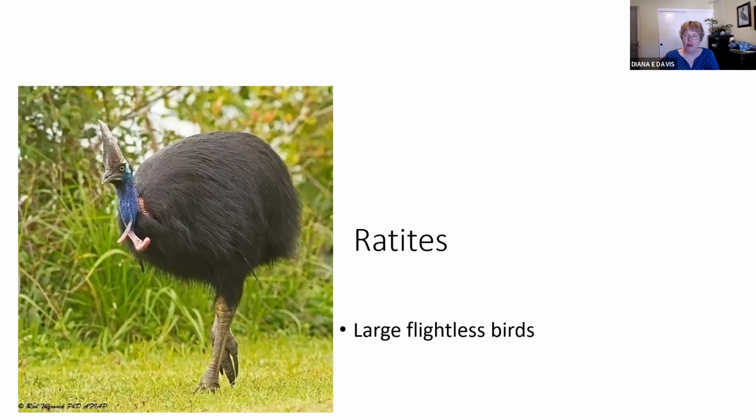So we're going to start with one of the oldest groups, the ratites. Ratites are large birds. They are flightless. They have simple feathers.